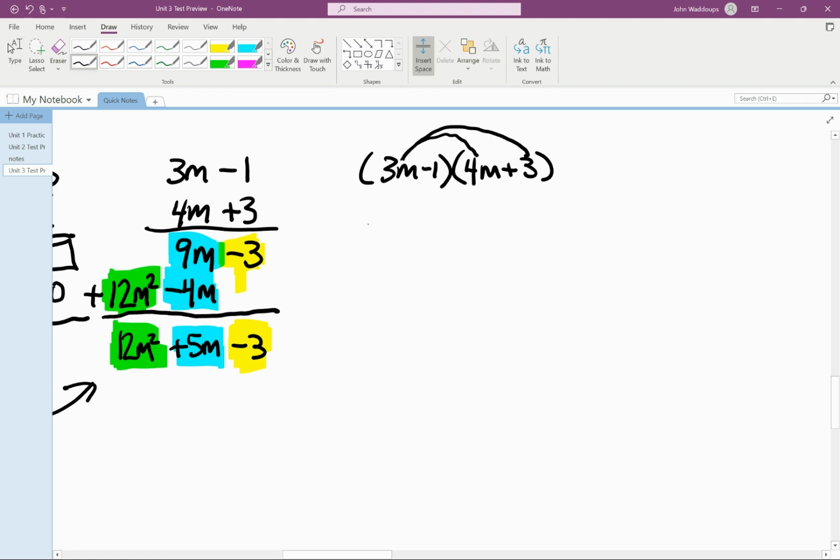So 3m times 4m is 12m squared, and then 3m times plus 3 would be plus 9m. And then the minus 1 also. Minus 1 times 4m becomes minus 5m, and minus 1 times 3 becomes minus 3. And you'll notice here I still get the same four terms.